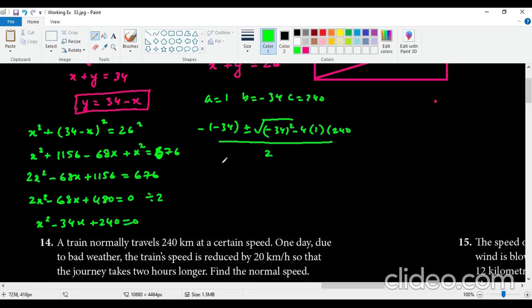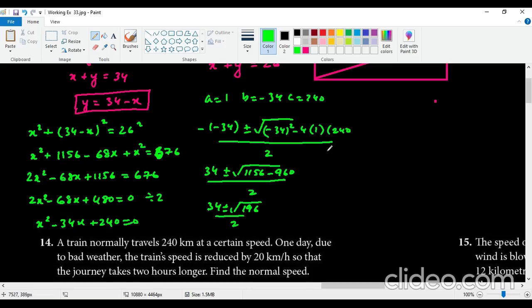So this gives us 34 plus minus under root 34 square, which is 1156, minus 960, over 2. So we get 34 plus minus, subtracting gives us 196 over 2, and the root of 196 is 14.